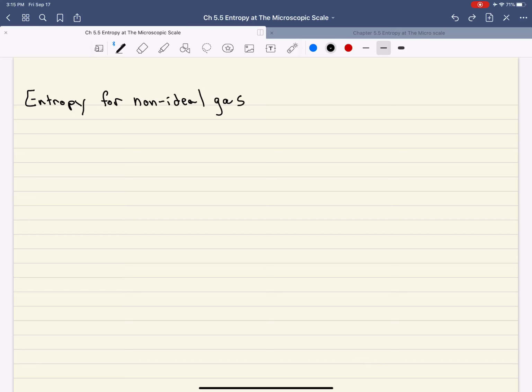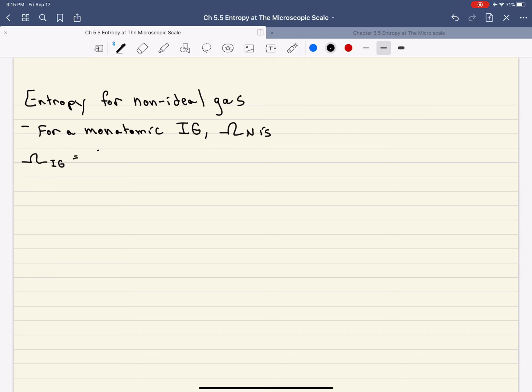Okay? And so just to reiterate, for a monatomic ideal gas, we saw that omega N was this. So I'm going to call this omega ideal gas. Right?